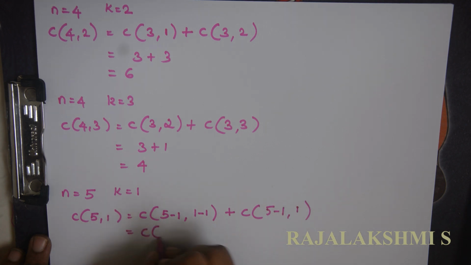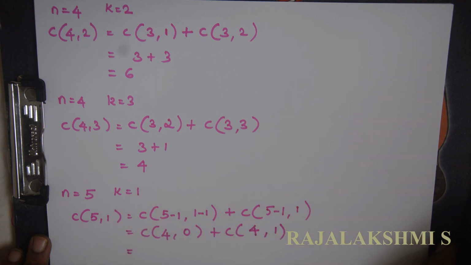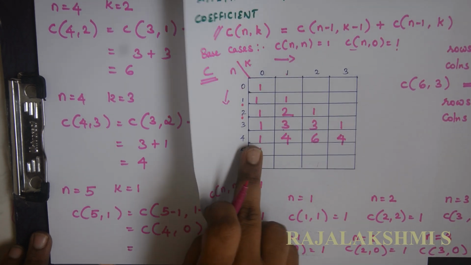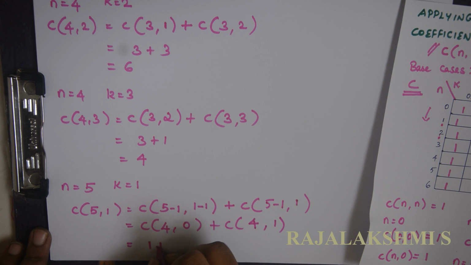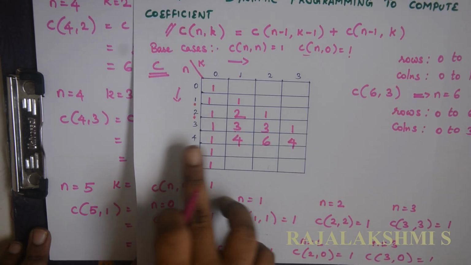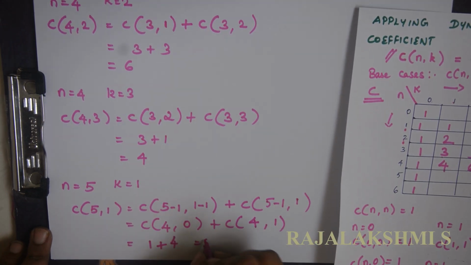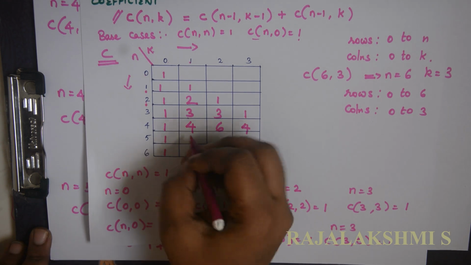So it is C of 4 comma 0 plus C of 4 comma 1. From the table, C of 4 comma 0 is 1, plus C of 4 comma 1, which is 4. So the value will be equivalent to 5. So C of 5 comma 1 is 5.